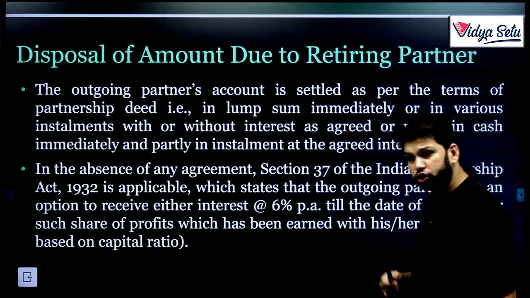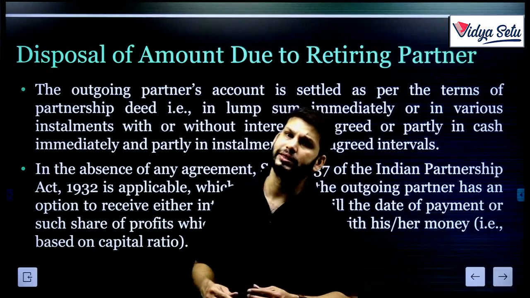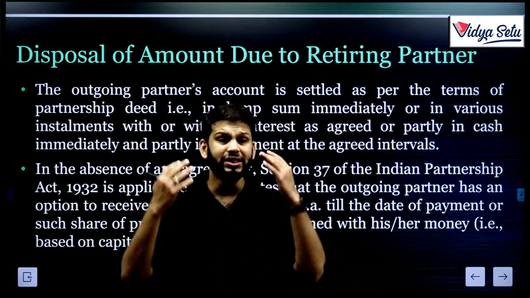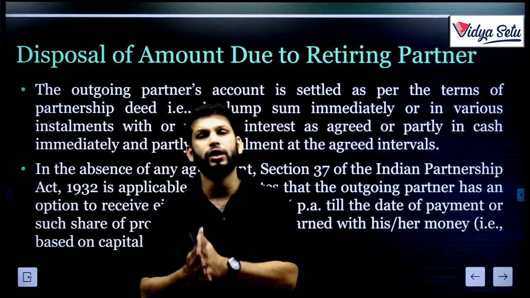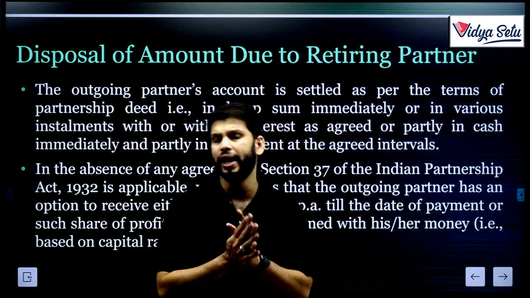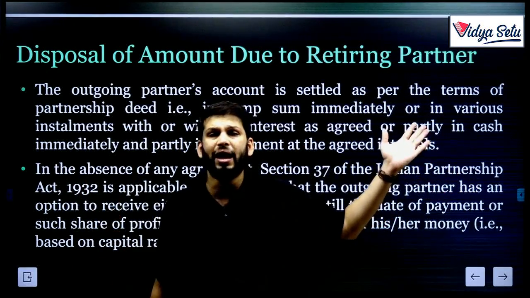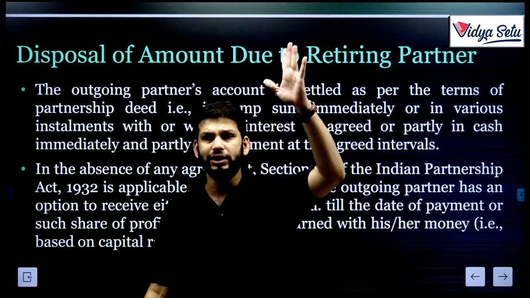This is the type of question we are expecting in our board examination also. There cannot be a balance carried down for the retiring partner, because he is now retiring, the balance will not be carried down, it needs to be settled.